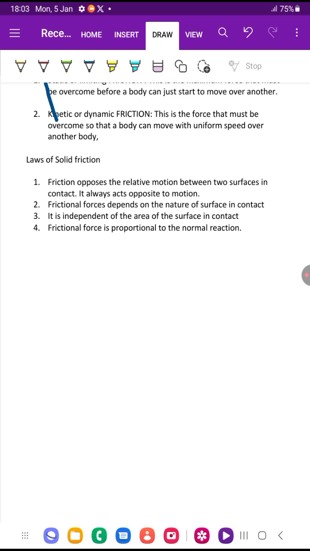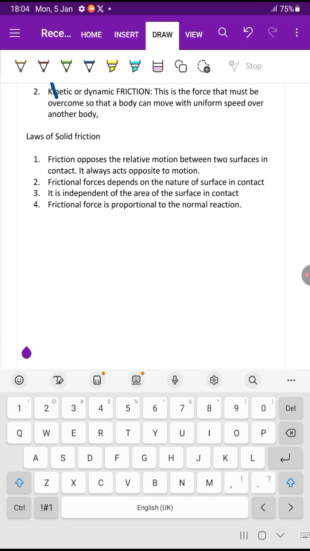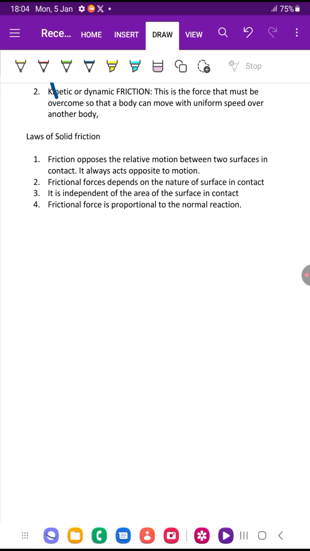That's because it opposes motion. And then frictional force depends on the nature of the surface in contact, and frictional force is independent of the area of the surface in contact.